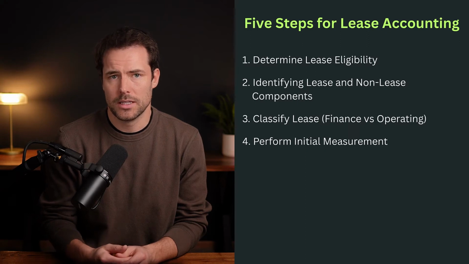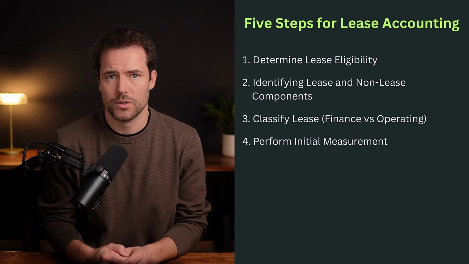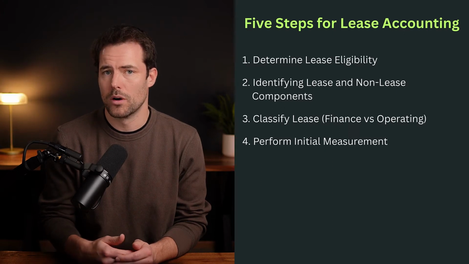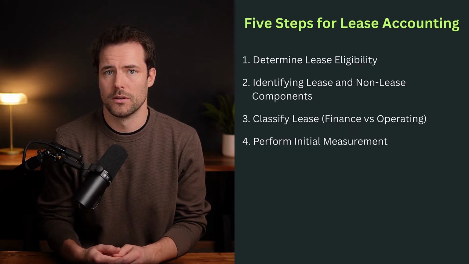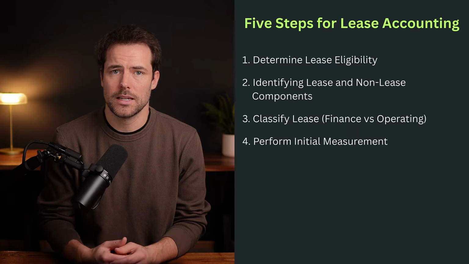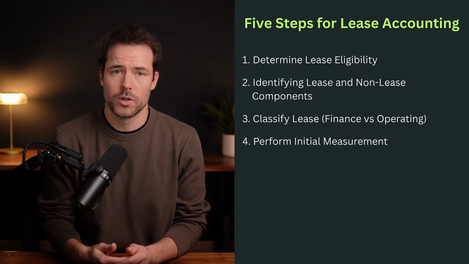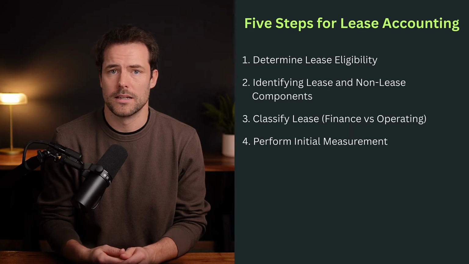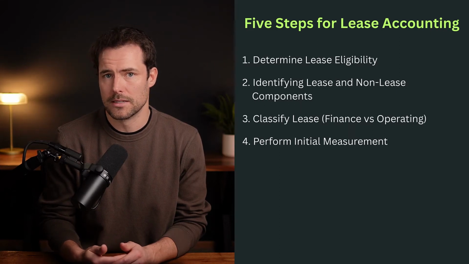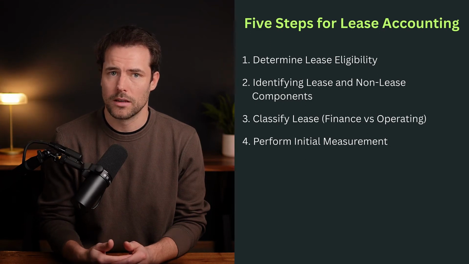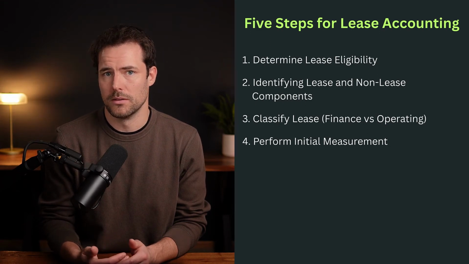An asset within the scope of ASC 842 is referred to as a right of use asset, or ROU asset for short. And this makes sense. When we lease an asset, we're not purchasing the underlying asset itself. We're purchasing the right to use the asset for the term of the lease. And as part of this series, we'll look at all the detail of how we calculate this opening journal entry.